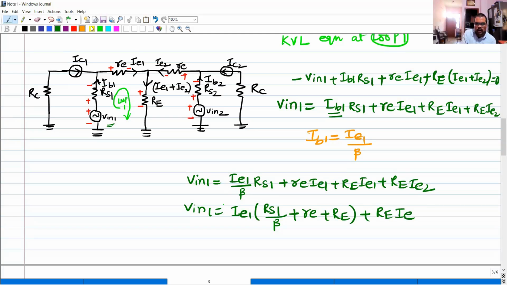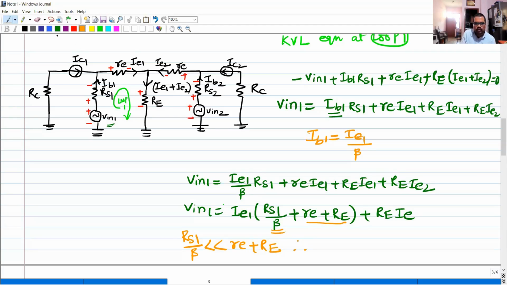Right. Now see here, the input resistance RS1 by beta is very much smaller than RE plus RE. This one is very much smaller compared to this one.